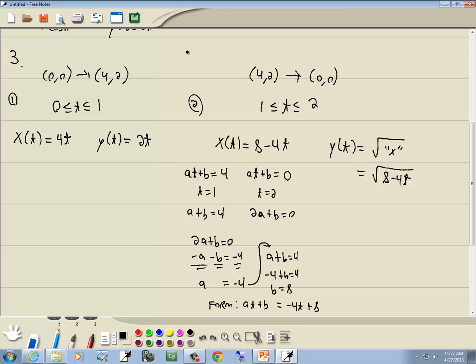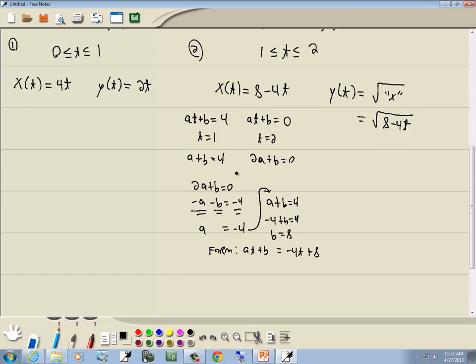So when you have a curve like that, it's actually a little bit easier, I think. So our final answer is going to equal, and this will be a piecewise part. Our first part, we have x and y, so we have 4t i plus 2t j from 0 to 1.